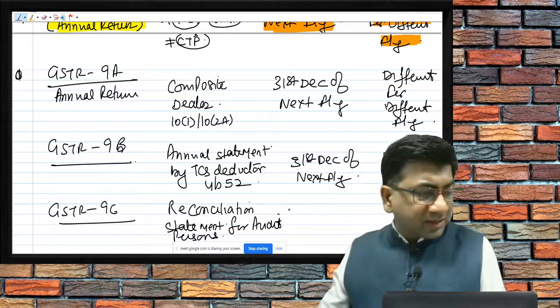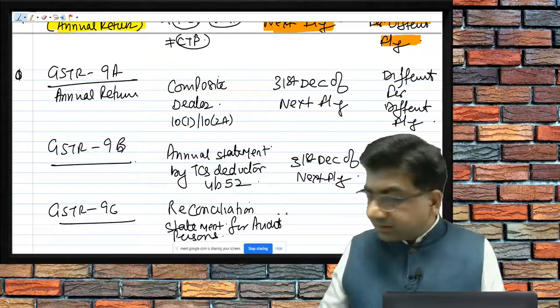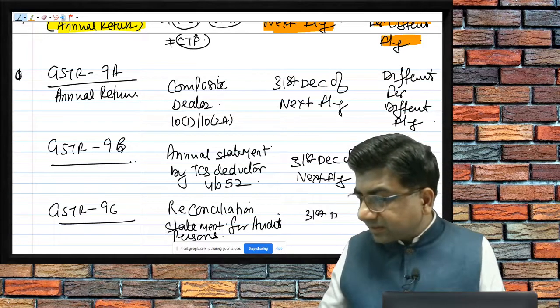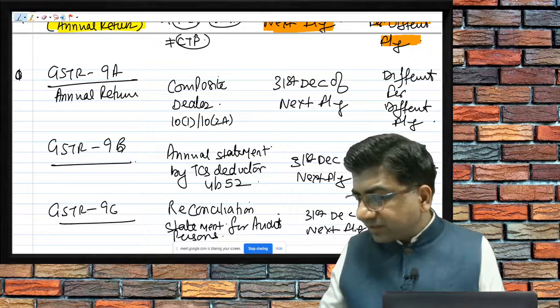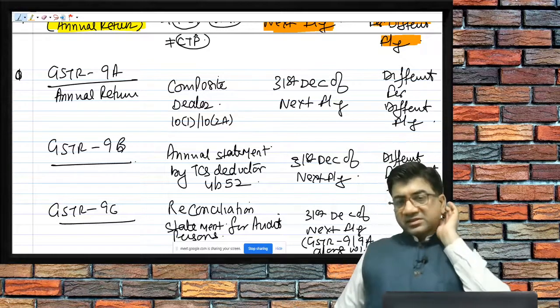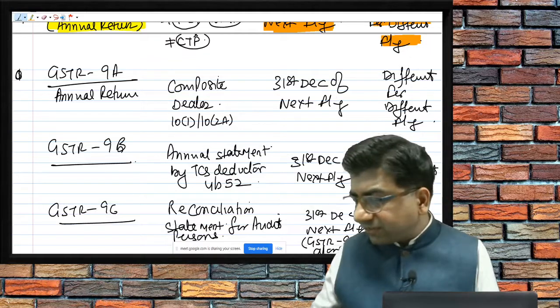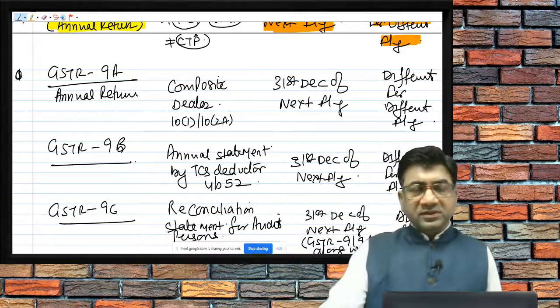And the time limit is again 31st December of next financial year, and this has to be furnished with GSTR 9 or 9A. Along with 9 or 9A it is furnished. Again it might be different for different financial years. Just copy this.